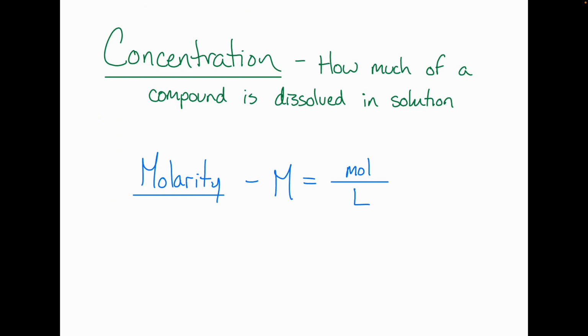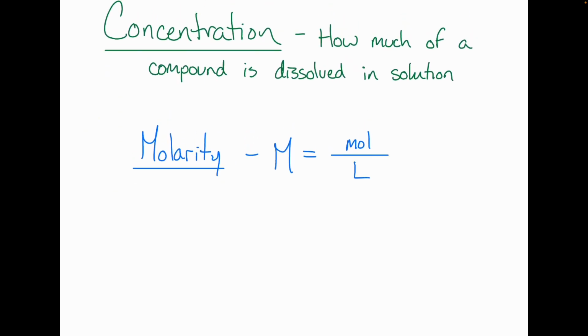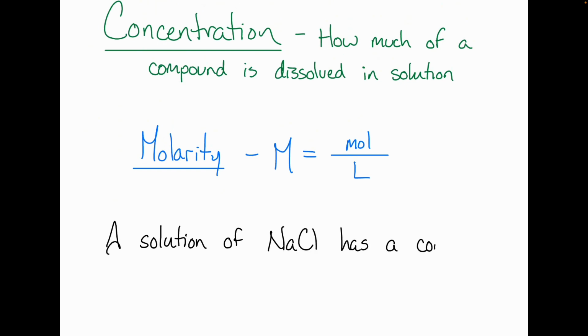So if, for example, a solution of NaCl has a concentration of 4.5 big M, that's the concentration of this solution.